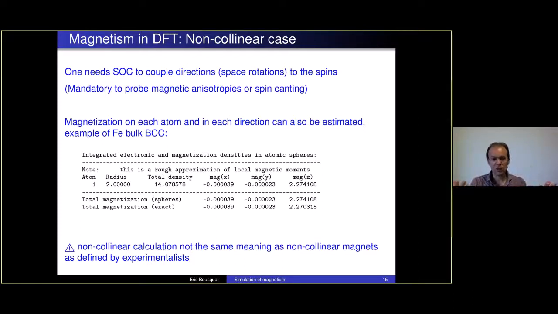While in DFT, what we call a non-collinear magnetic calculation is because we have the spin orbit coupling, we can have a resolution x, y, z. But as you can see here, iron is a collinear magnet experimentally, but here we did a non-collinear calculation. So just to mention that, be careful: a non-collinear calculation doesn't mean it is a non-collinear magnet at the end. Just to be sure it is clear for everybody, because I often met this kind of discussion, misunderstanding regarding non-collinear calculations and non-collinear magnets.